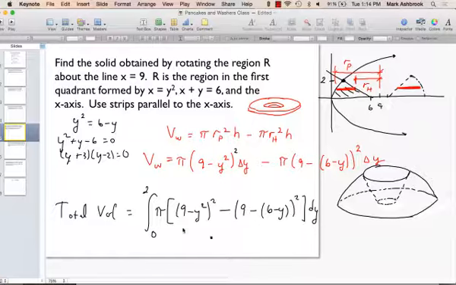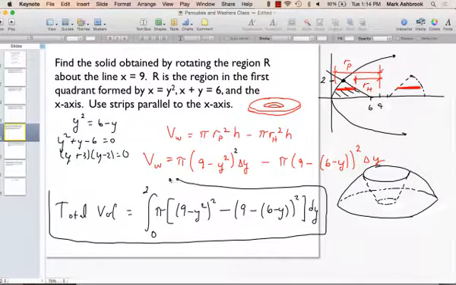Did I get everything right? Pi r squared h. If you had to do that by hand, multiply everything out, combine your like terms, easy antiderivative.